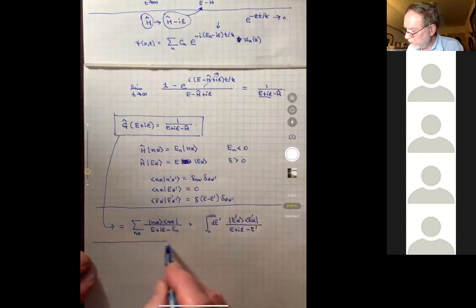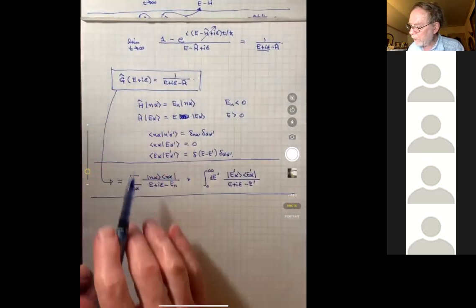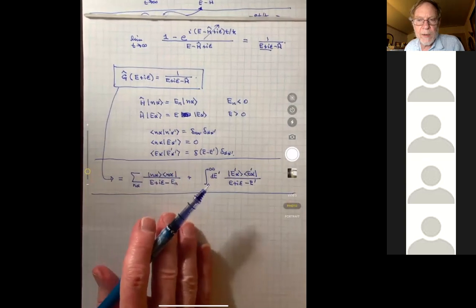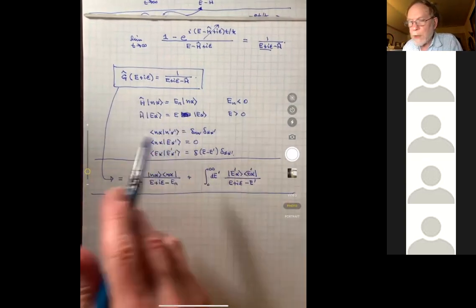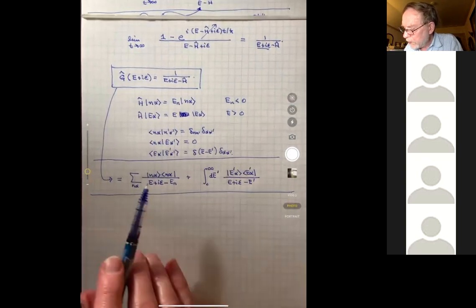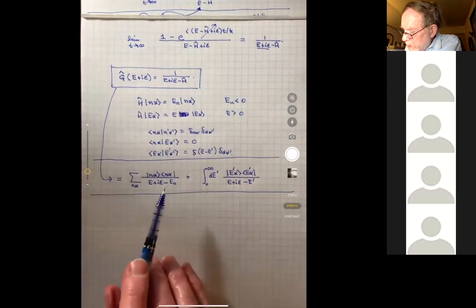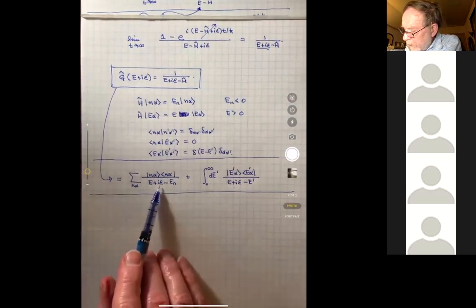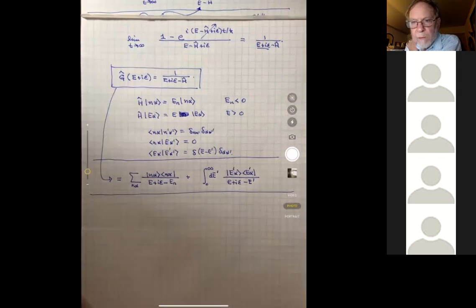So in any case, this then becomes an expression, a formal expression anyway, for the Green's operator, expressed in terms of the eigenstates and projectors of the Hamiltonian under these assumptions. There's a discrete part due to bound states and a continuous part. Now, one of the things to notice is that if the imaginary part, if the damping is non-zero, so that epsilon is positive, none of these denominators is equal to zero.